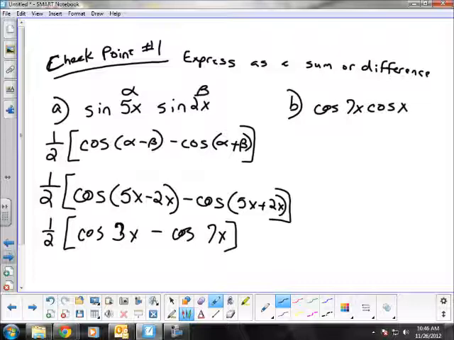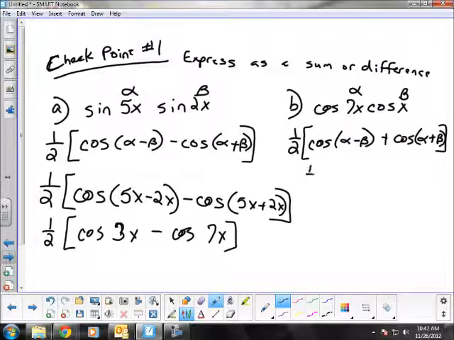The next one's the cosine of two different angles. So again, my general formula is 1/2 times the cosine of alpha minus beta plus the cosine of alpha plus beta. You may want to write it down for yourself to make it easier, and then remind yourself which one's alpha, 7x, and which one's beta, the 1x.